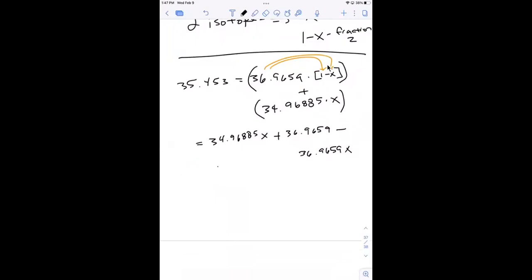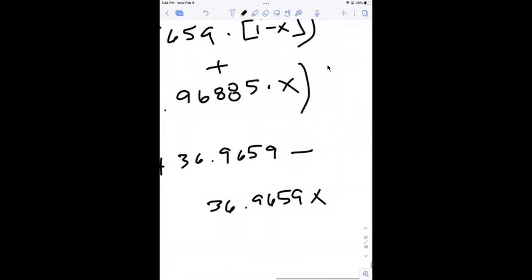Again, when we're talking about those fractions, one is x, one is 1 minus x. It doesn't matter what two isotopes you're looking at. If you don't know the fractions, that's the setup. Make one of them x, make the one closest to the average mass x, and make the other fraction 1 minus x.